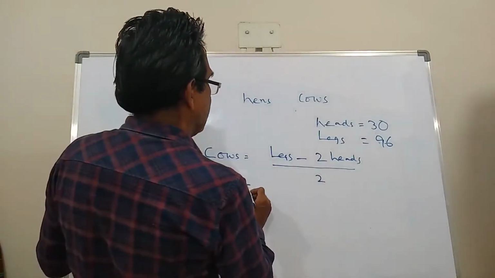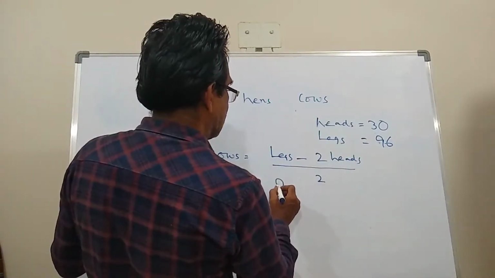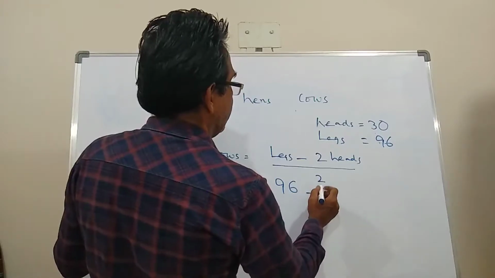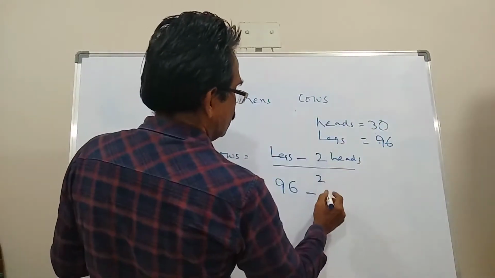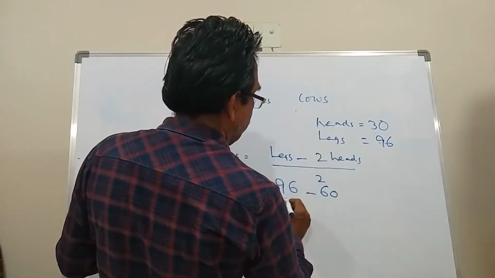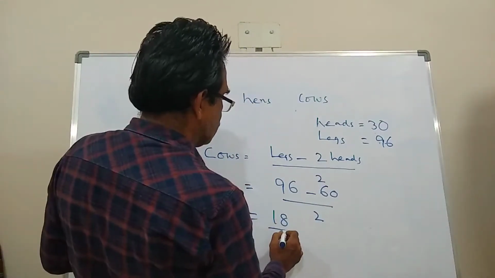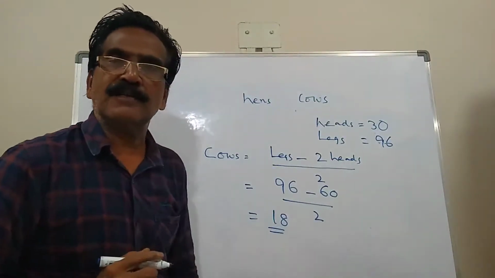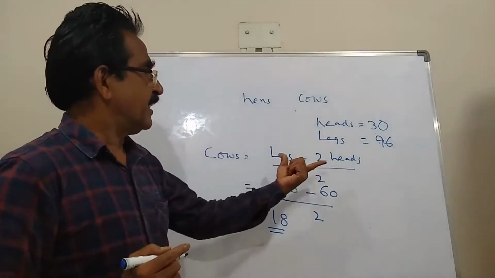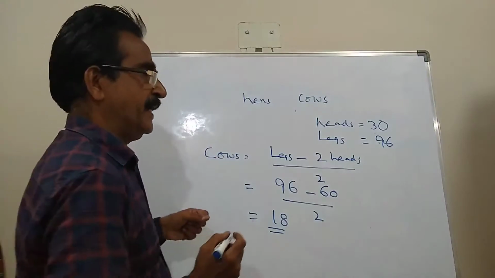See how many legs are there? 96 legs. 96 minus twice the number of heads, 2 thirties is 60, by 2. 36 by 2. Number of cows 18.